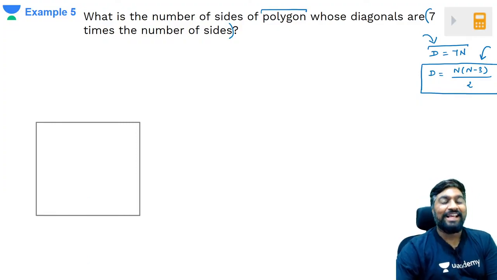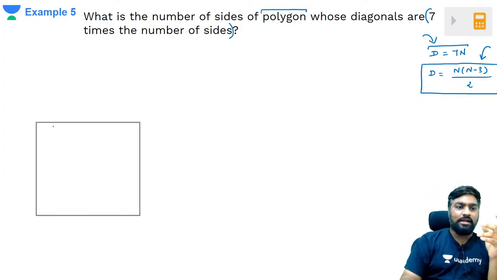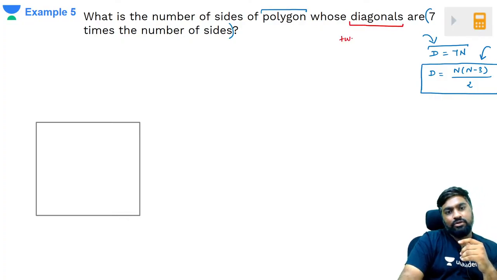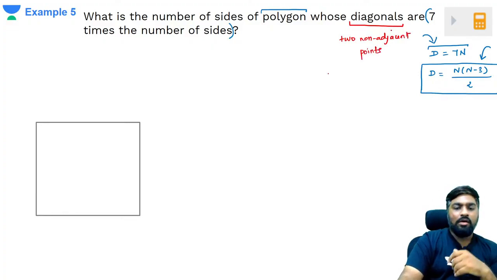So let's take a 4-sided figure. We know that a triangle cannot have a diagonal. What is a diagonal? A diagonal is a line that joins two non-adjacent points. What do you mean by that?